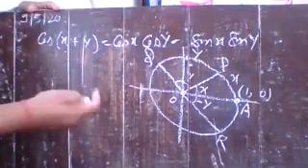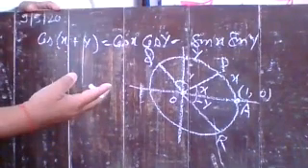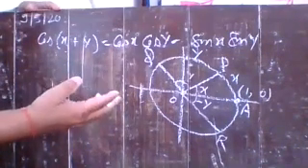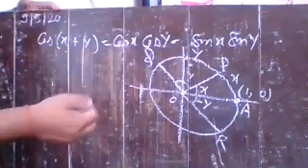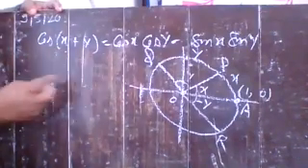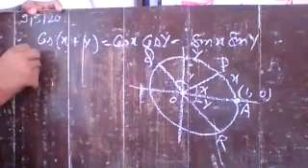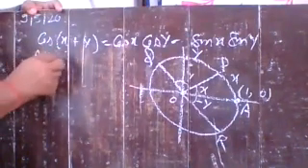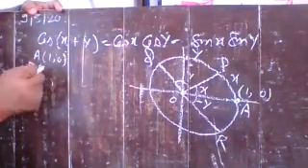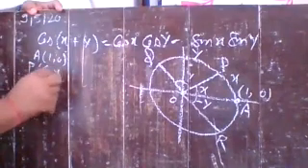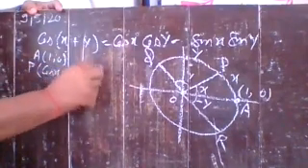So the figure shows the assumptions which I take here. Understand? Only you have to write the coordinates. The coordinate of point A is (1, 0). The coordinate of point P is (cos x, sin x). The coordinate of point Q is (cos(x + y), sin(x + y)).